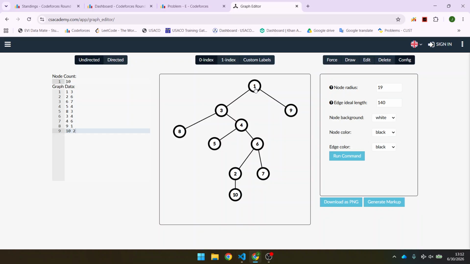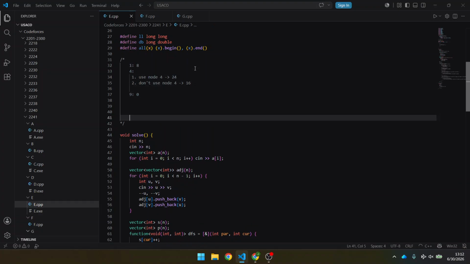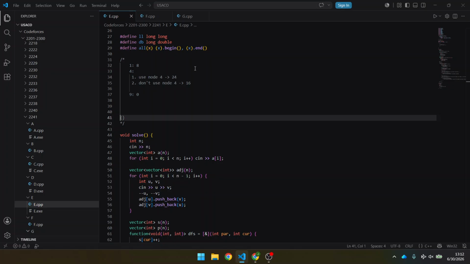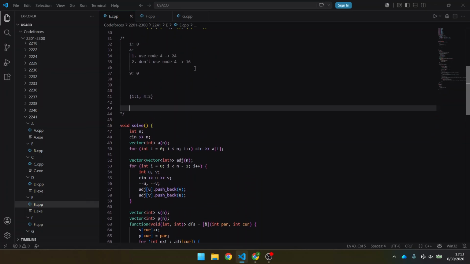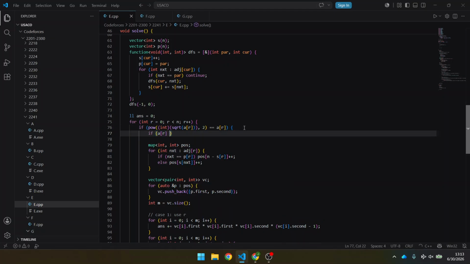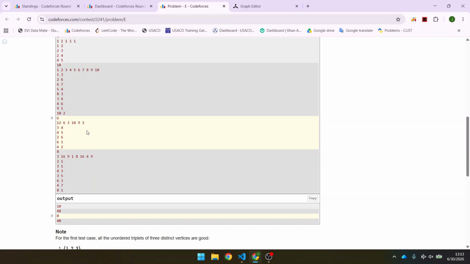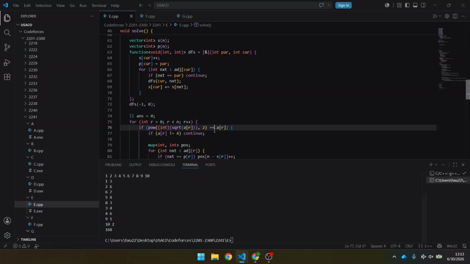So for node 4, it would be 4 1 4. So it's 42, 1142, yeah, 168.